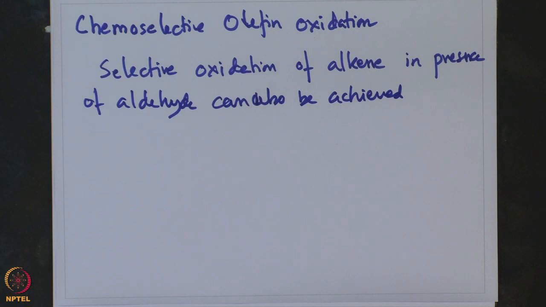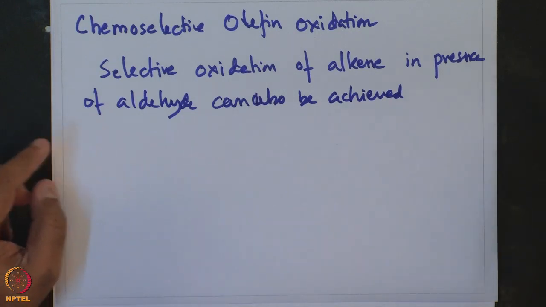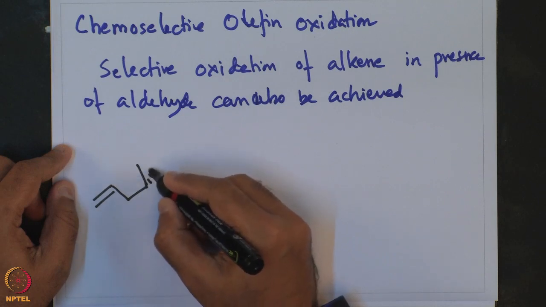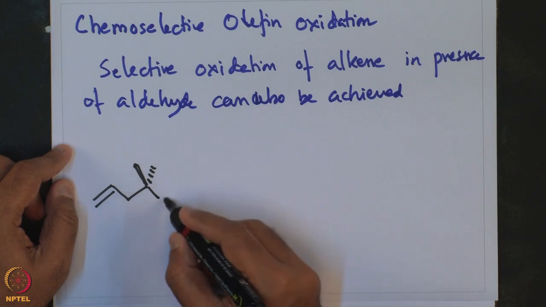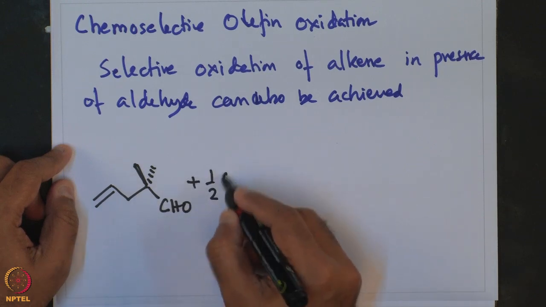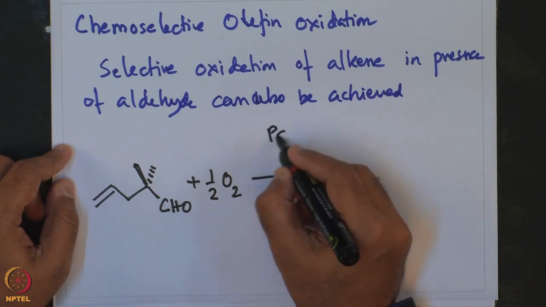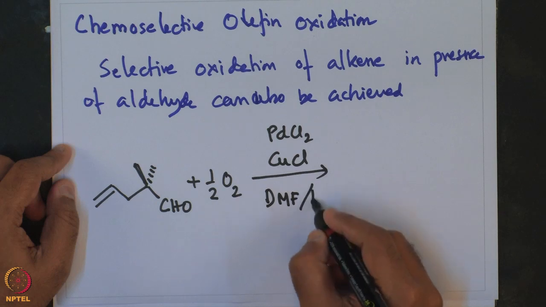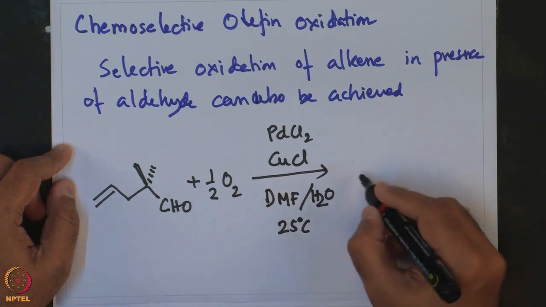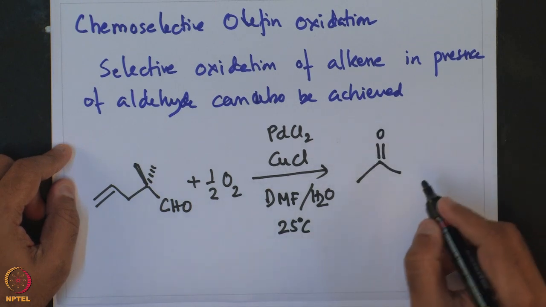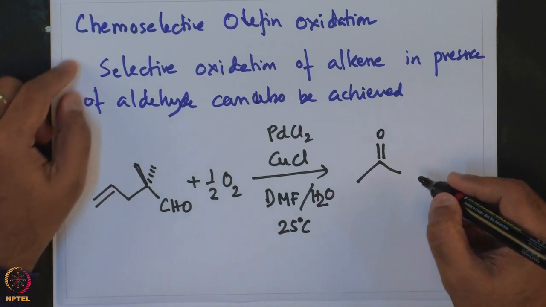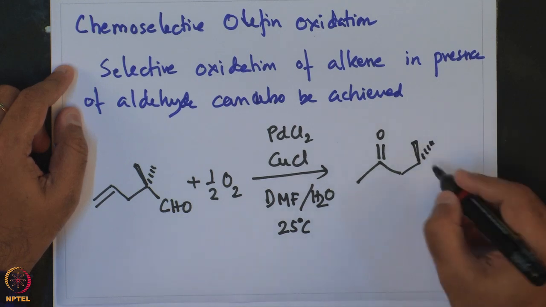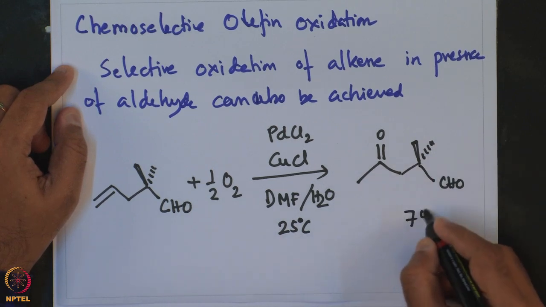So, this is illustrated by this beautiful example in which this olefin with CHO, in the presence of half oxygen, PdCl2, CuCl in DMF-water at 25 degrees centigrade, gives the oxidation of the olefin to the internal methyl ketone, with the CHO in 78% yield.